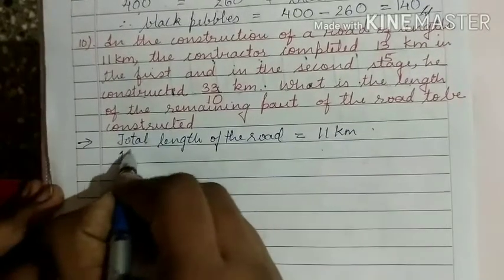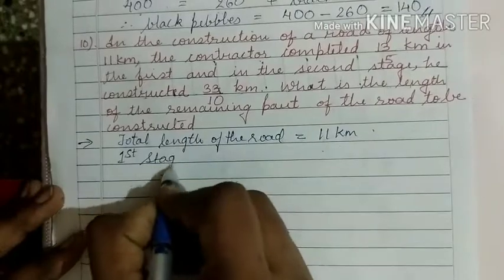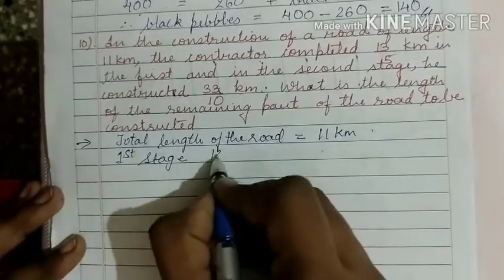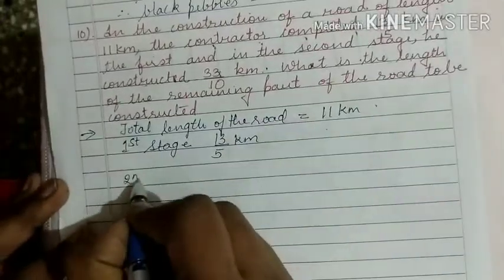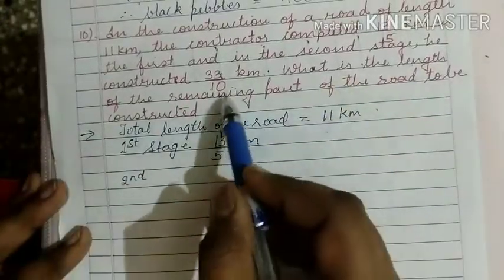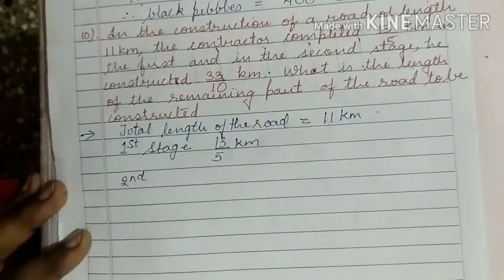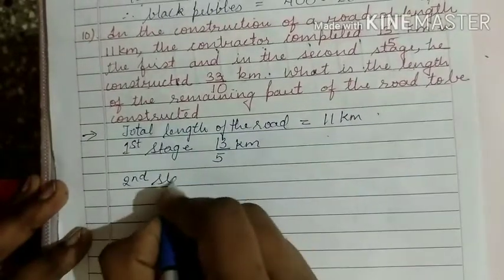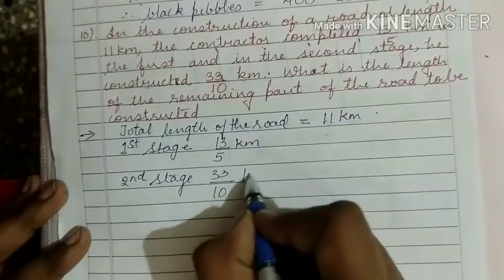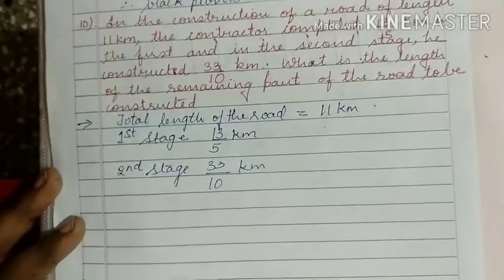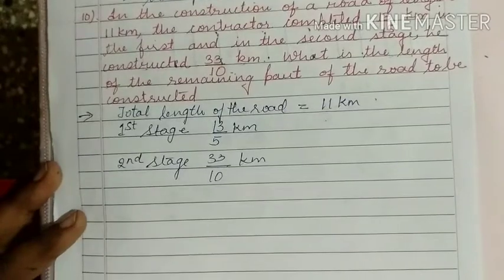So in the first stage, the contractor completed how much? 13 by 5 km. And in the second stage, the contractor constructed 33 by 10 km. What is the length of the remaining part of the road to be constructed?